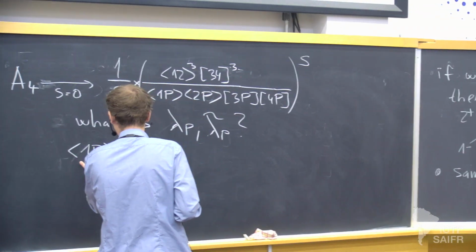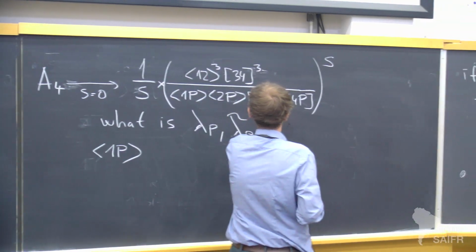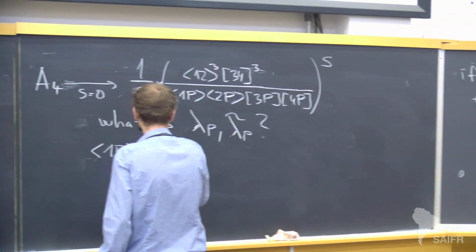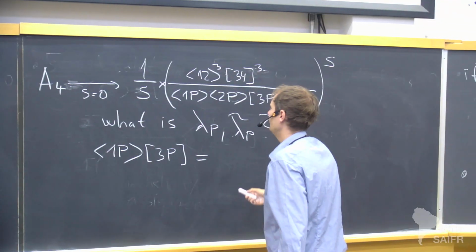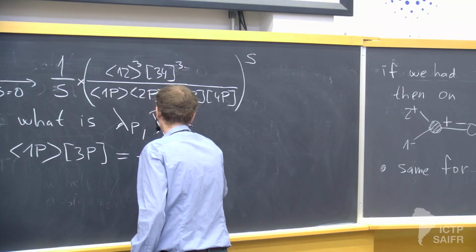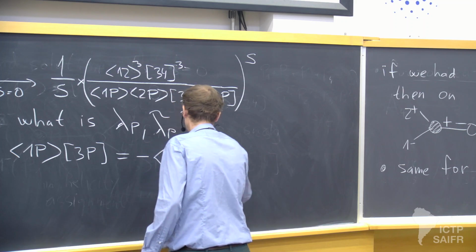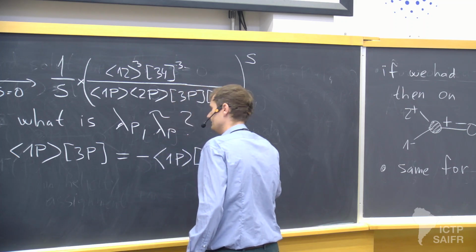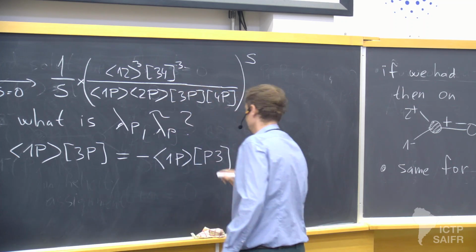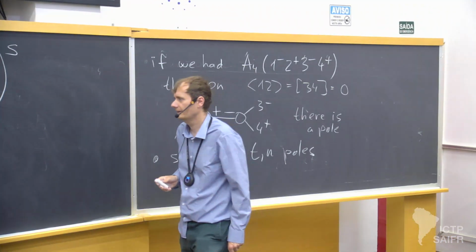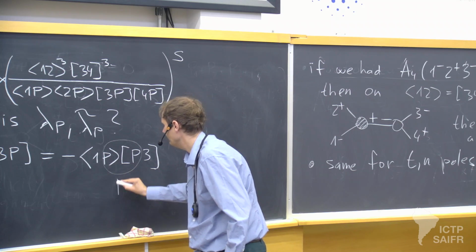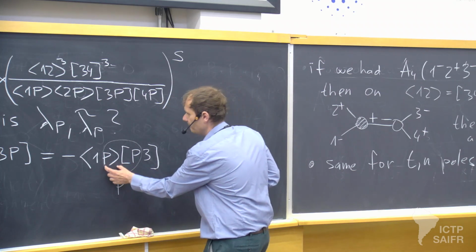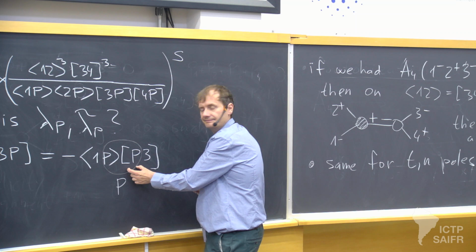We can just pair this bracket, let's say with this bracket, 3p, up to a minus sign. This is equal to this. And this thing together in the middle is nothing else than the momentum p, this is lambda p tilde.